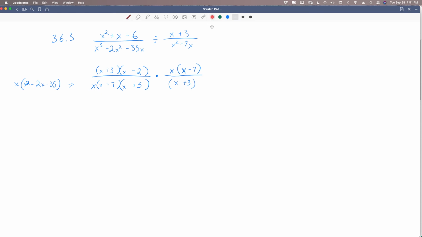I'm going to switch to this red just for the fun of it. We have an x here and an x here. We have x plus 3 here and x plus 3 here. We have an x minus 7 here and an x minus 7 here. So what that leaves us with is x minus 2 over x plus 5. And that is the answer to our problem.